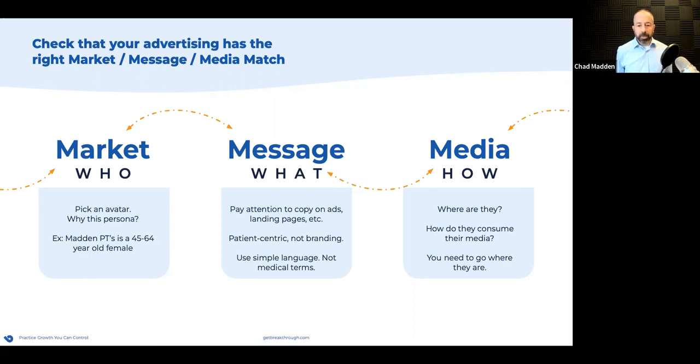We want to focus on messaging that is in their terms, in how they talk about their problem and how they think about the solution in their own words, not our words. So we're avoiding things like, we're the premier practice provider in Central Pennsylvania. We don't want to focus on ourselves. We want to make sure that we focus on the target market's problems and how they think about and talk about their problems in our messaging.